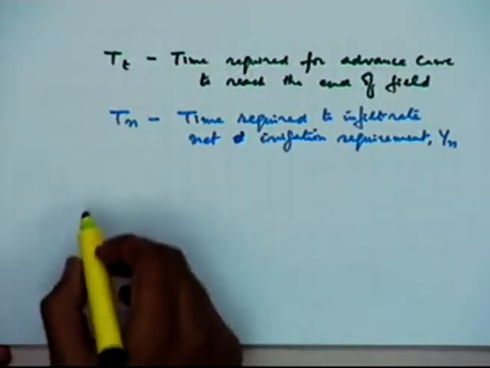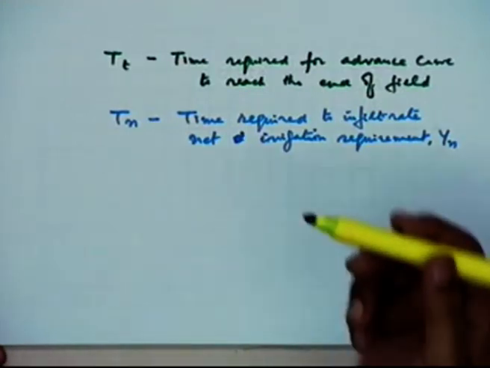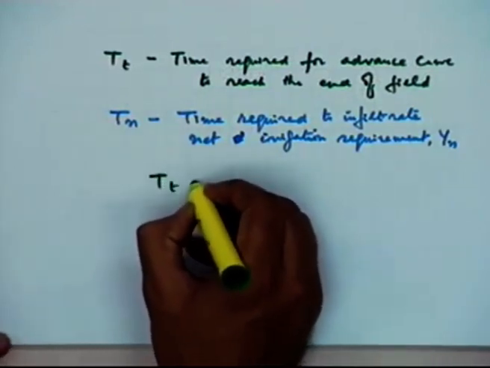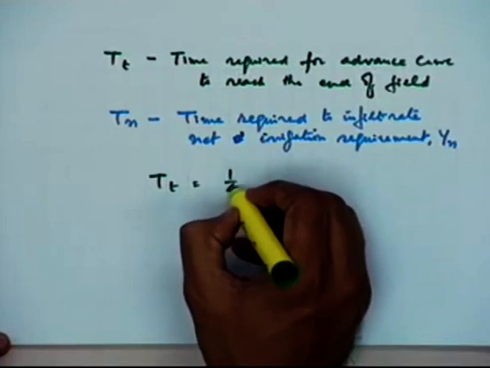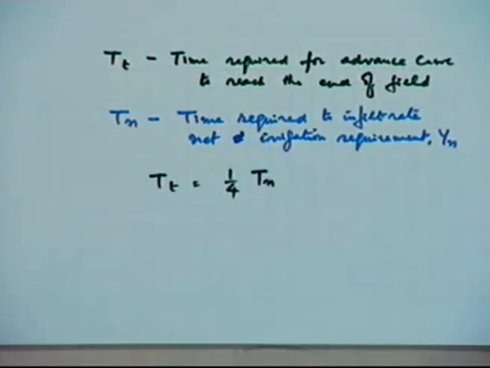For example, right now we will make an assumption. We'll take one case where we assume that Tt is 1/4 the time of net infiltration. That is, if your net infiltration time is 1 unit, it will take 1/4 the time for the advance curve to reach the downstream end.